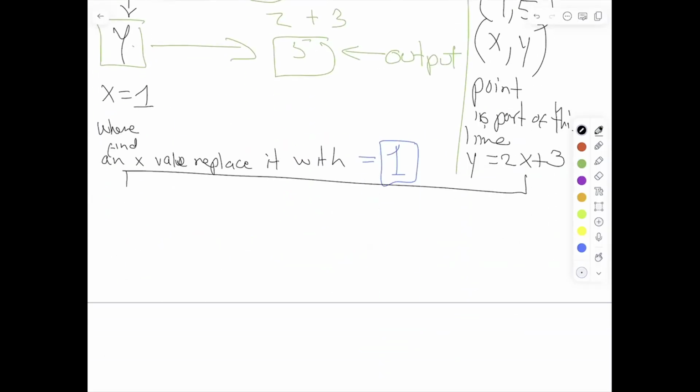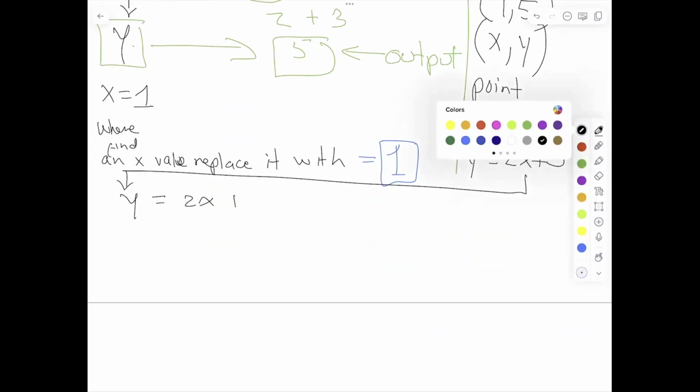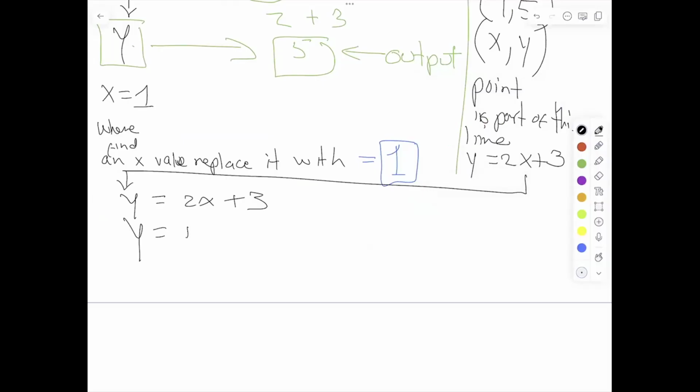What does that mean, 2x plus 3? Well, what does the 3 represent? We talked about this yesterday. What does the 3 represent? The 3 represents b. What does the b represent?